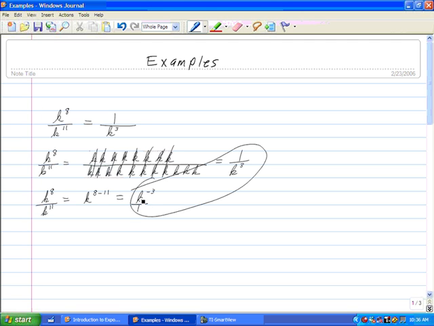So this k is in a numerator, but the negative exponent says it's in the wrong place. Anytime you see a base with a negative power, you simply need to take that base, move it to the other side of the fraction, and make the power positive to say it has been moved, it is now in the right place. And again, if there's nothing else to put in a numerator, you can always put a 1.